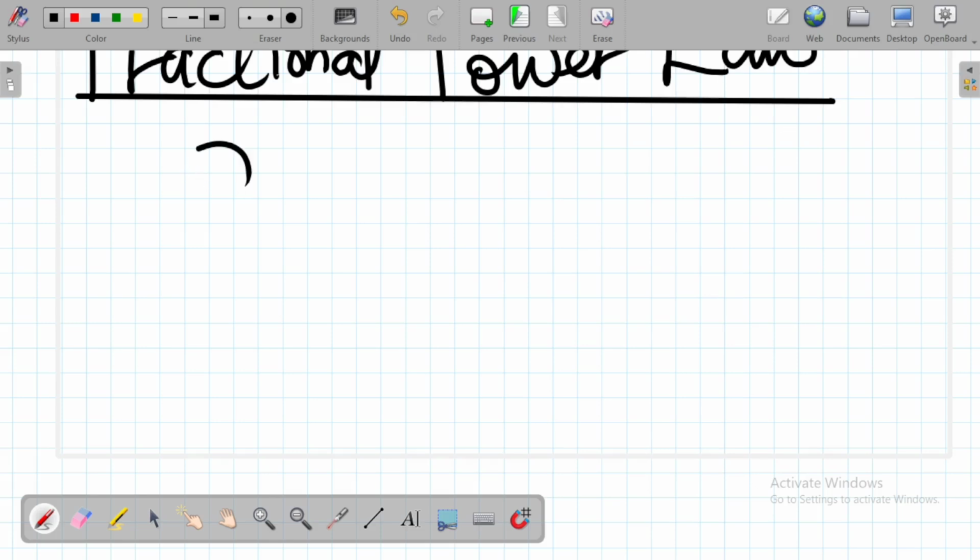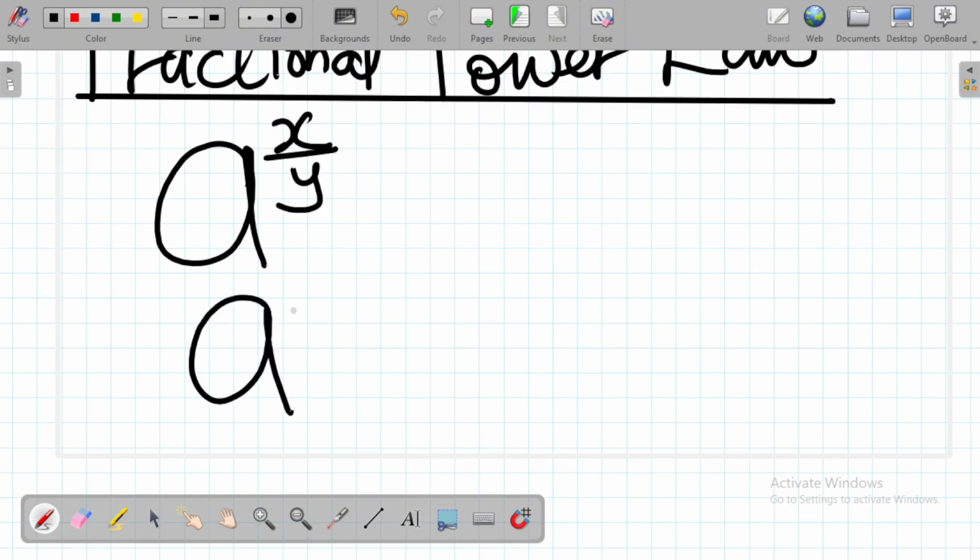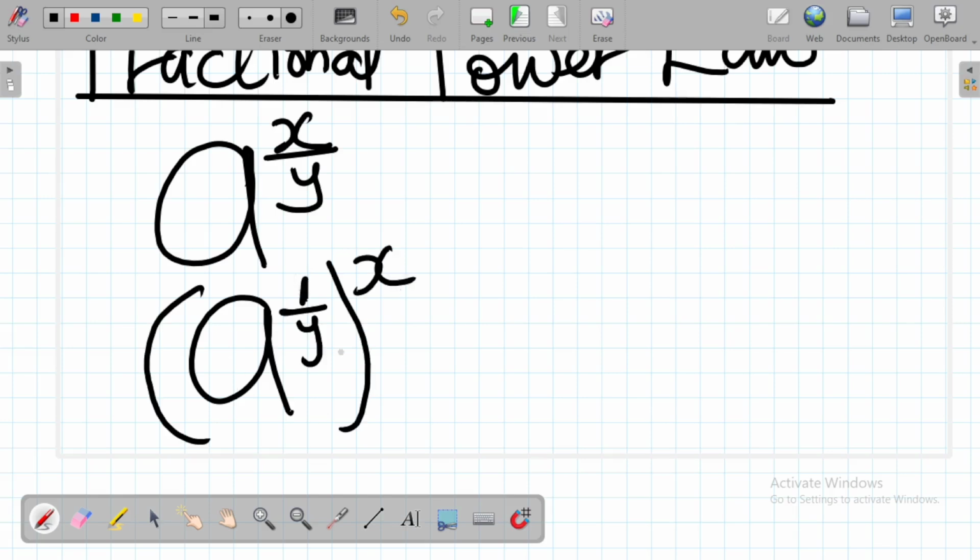If we are given a raised to power x all over y, how do we solve this? A raised to power x all over y is the same thing as a raised to power 1 all over y, all raised to power x.